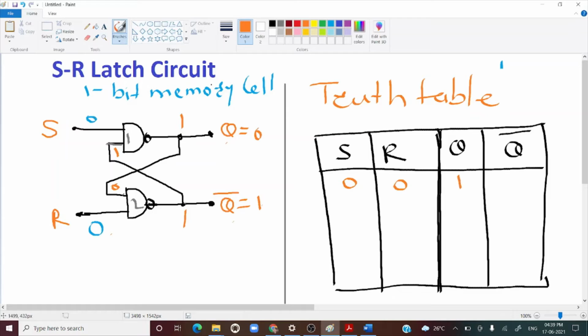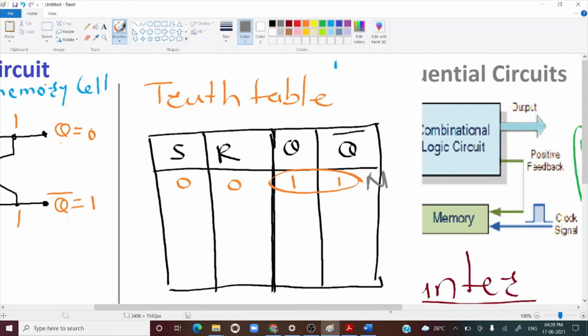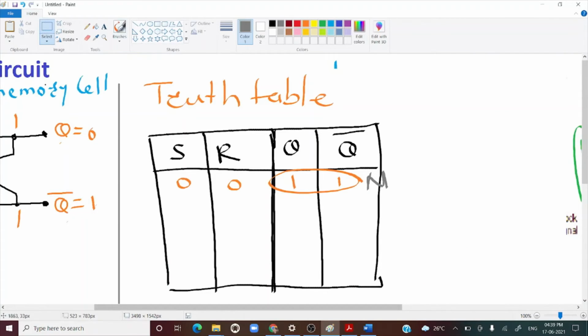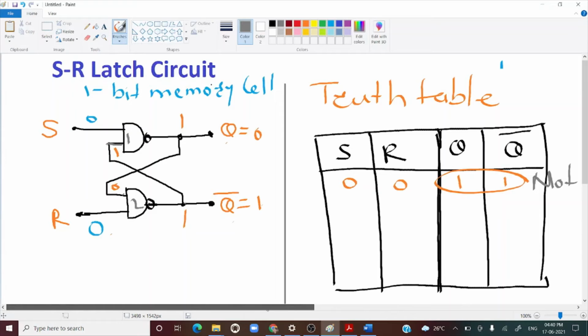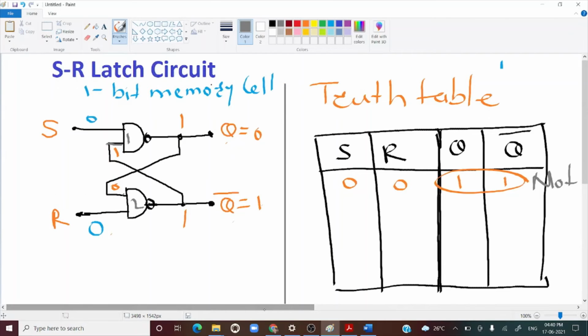So here we get the output 1 1, and this is called a not allowed state, or it is also called a forbidden state. Okay. So for 0 0 we are getting this output, that is both the outputs are 1, and this is the not allowed or the forbidden state.